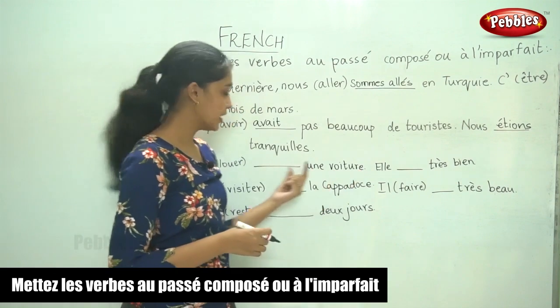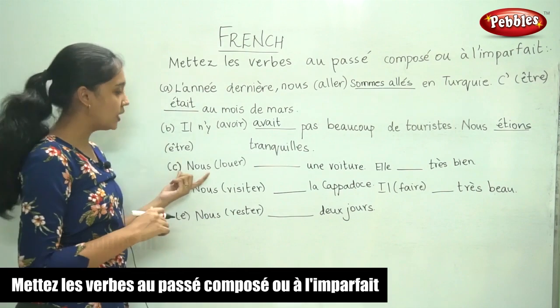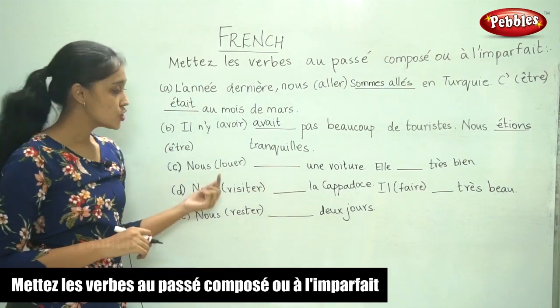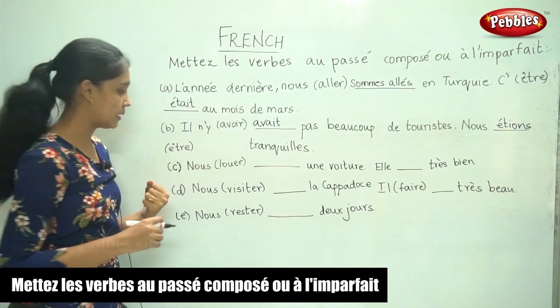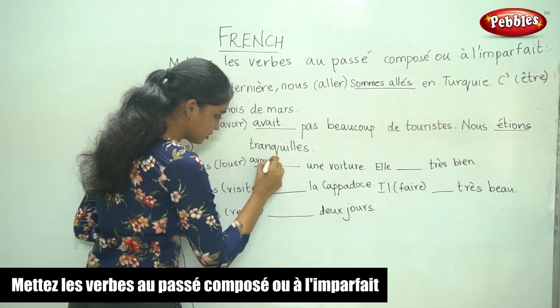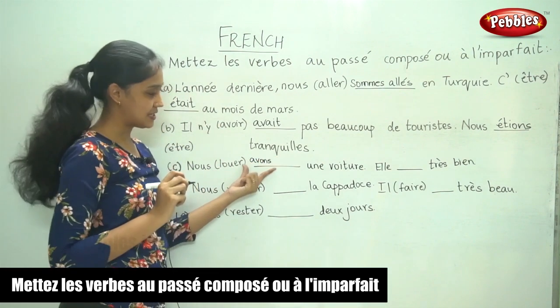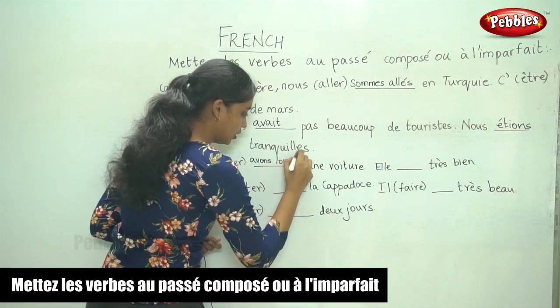Now the next sentence, nous, the verb is louer. Une voiture. Now louer. This is an action. We rented a car. So for a principal action we use passé composé. So nous avons, avoir is the auxiliary and the past participle louer.